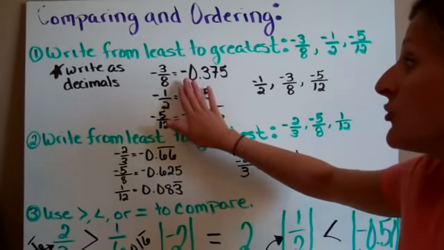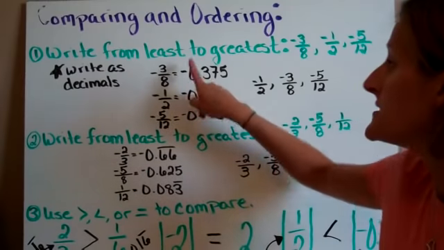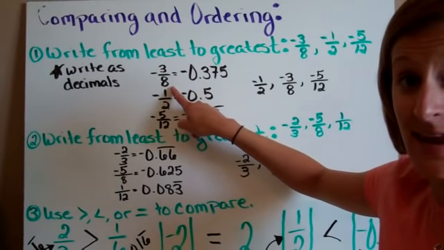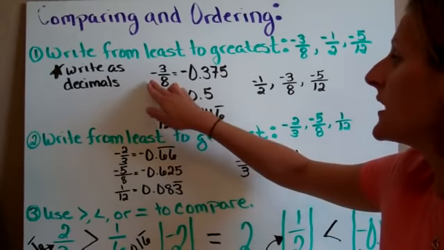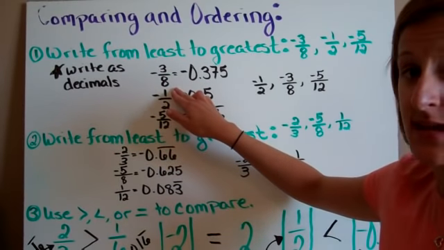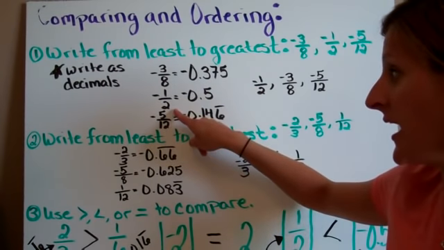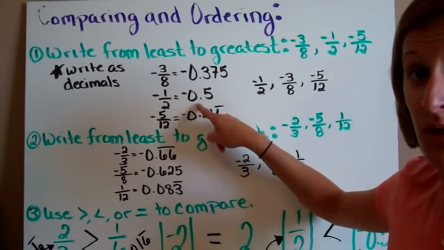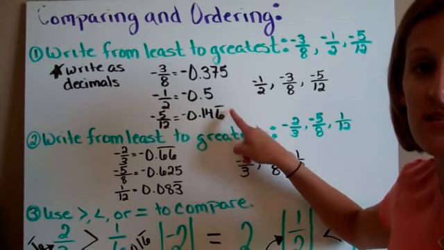When you're writing something as a decimal and you have a calculator, all you do is divide the numerator by the denominator, which is the top divided by the bottom. So negative 3/8, written as a decimal, is negative 0.375. Negative 1/2 is negative 0.5. And negative 5/12 is negative 0.416.